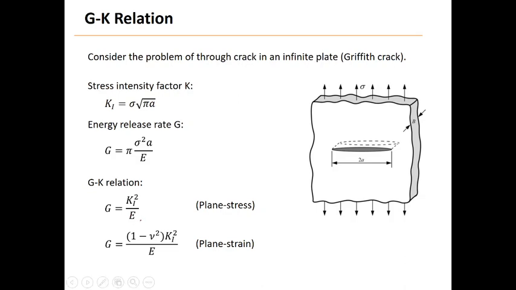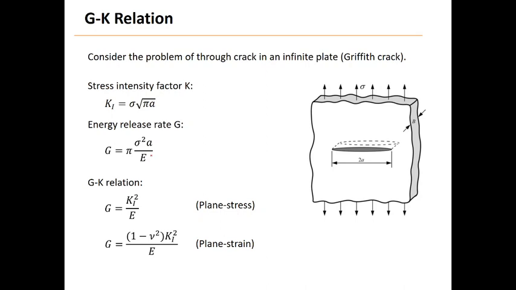Now, this has two forms, because the expression for G here is based on a derivation with a plane stress assumption, right? So when we derive this, it is assumed to be a thin plate, and that is the assumption that was used in Griffith, and that expression corresponds to a plane stress result.